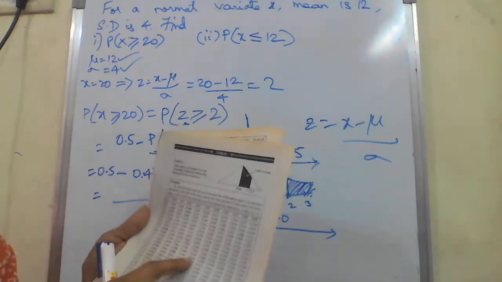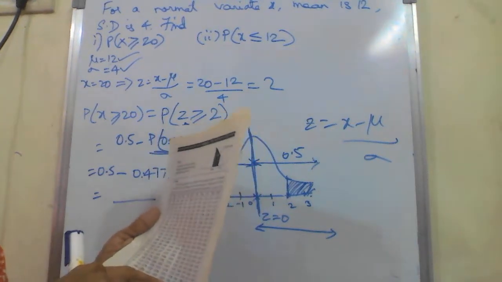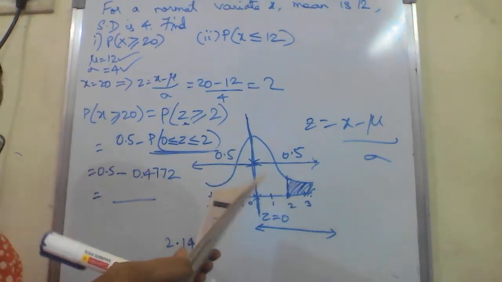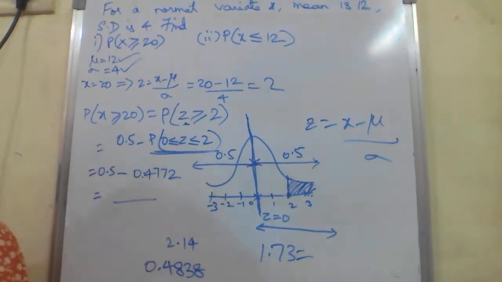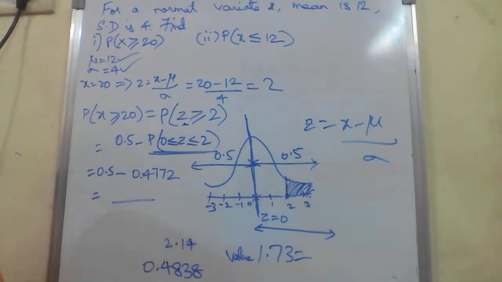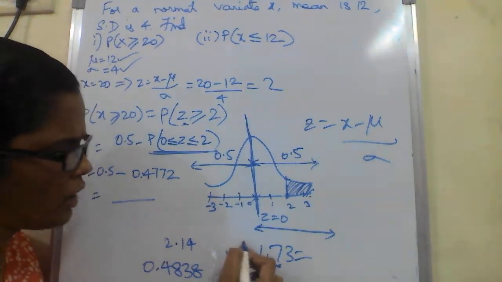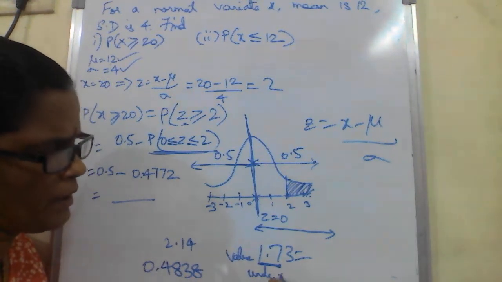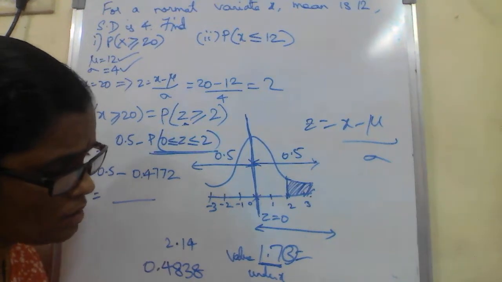So 0.14 and 0.21, this is 0.4838. For example, if I want to find the value of 1.73 from the Z table, up to 1.7 you have to look under X, and this 3 is actually 0.03.